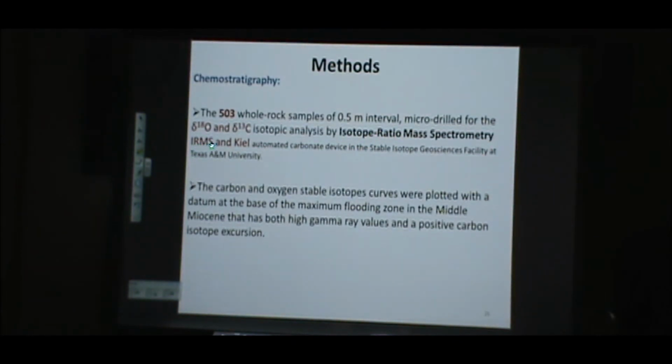Then the stable isotope curve, oxygen and carbon, we tied with the sequence stratigraphic framework along the base of the maximum flooding zone in the middle Miocene, which has the high gamma ray and a high positive carbon excursion.